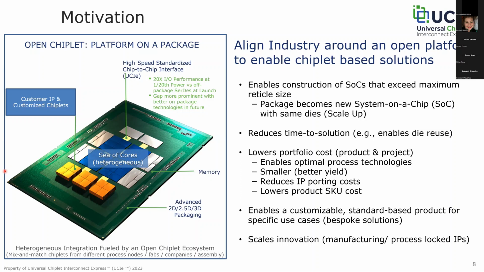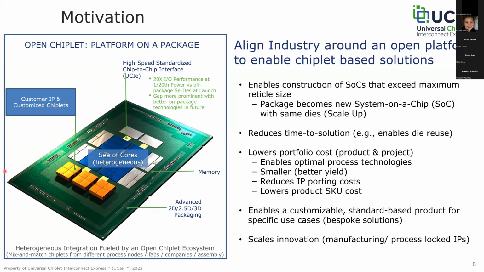And the gap becomes even more prominent as packaging technologies advance and the pitches get smaller and we have more advanced capabilities coming online. In this hypothetical example, you can see an SoC construction that is chiplet based.